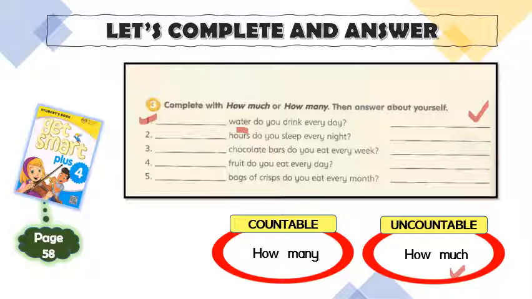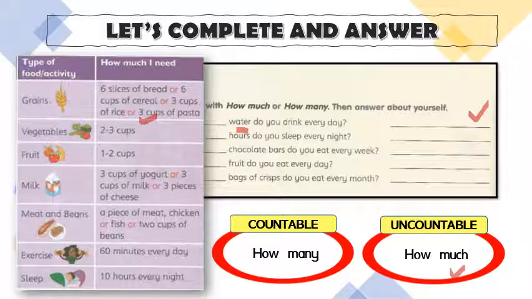So how do you measure it? For that one, maybe you can refer to your workbook, page 43, for the measurement of these things. Maybe for water, you can use cup or maybe glass, up to you.